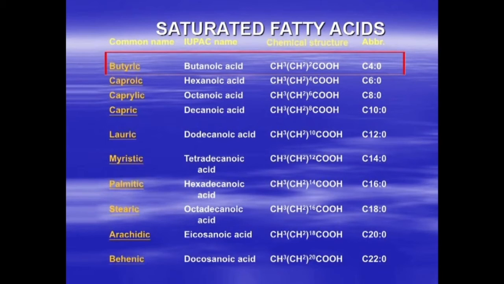Butyric acid, the name derived from butter, having 4 carbons. So, it is called C4:0, caproic acid C6, caprylic acid C8, capric acid C10, lauric acid C12, myristic acid C14, palmitic acid C16, stearic acid C18, arachidic acid C20 with no double bonds, behenic acid C22.